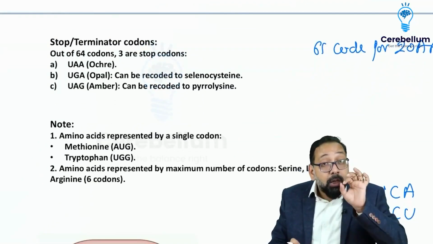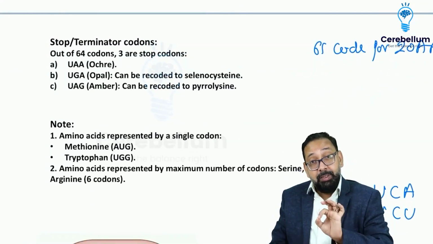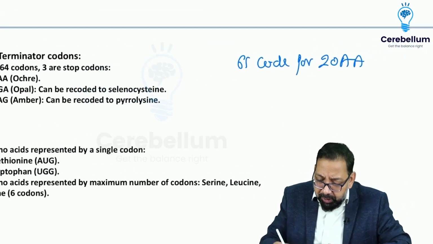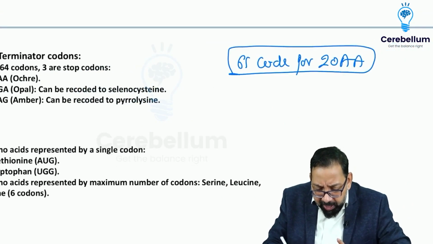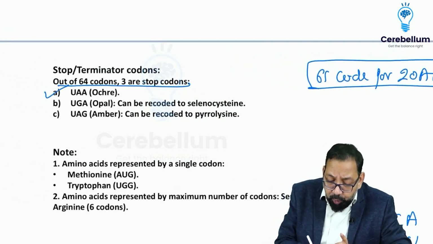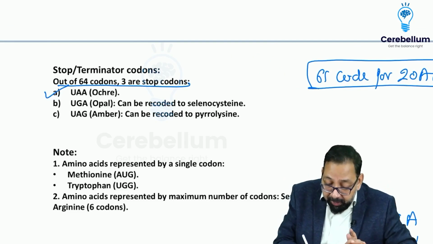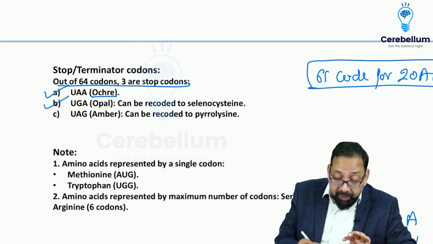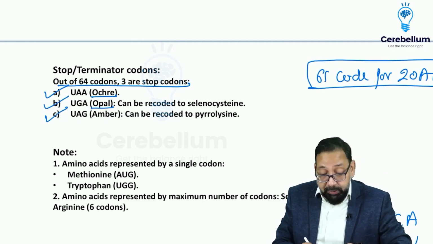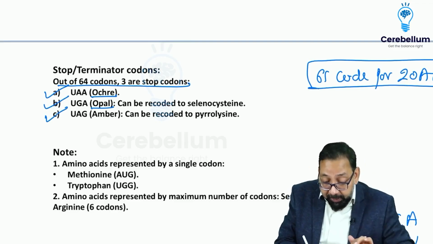Now, in protein synthesis, there are 64 codons. Out of 64 codons, 61 code for 20 amino acids and there are 3 stop codons. The 3 stop codons are UAA, "you are away," also called ochre. UGA, "you go away," opal. UAG, "you are gone," amber.